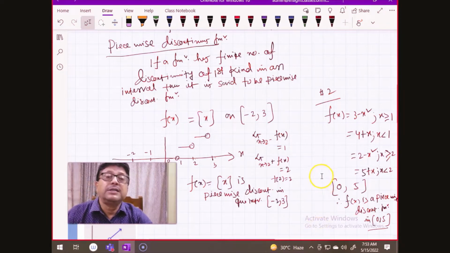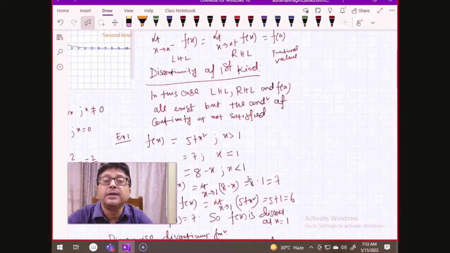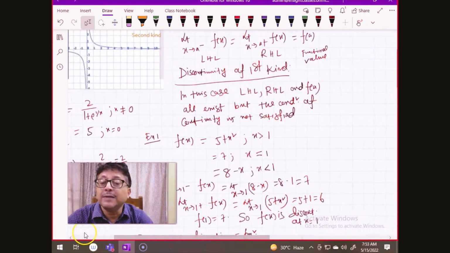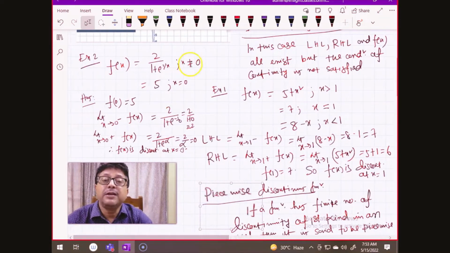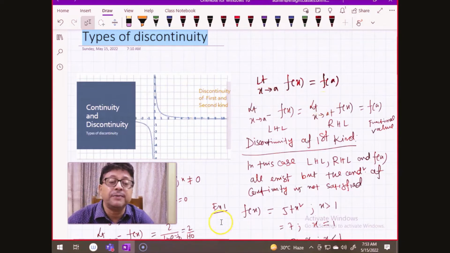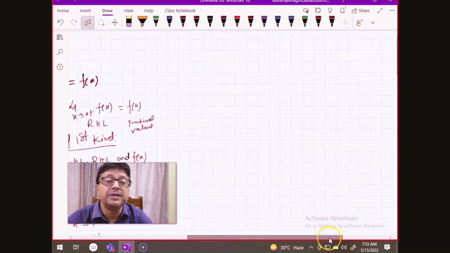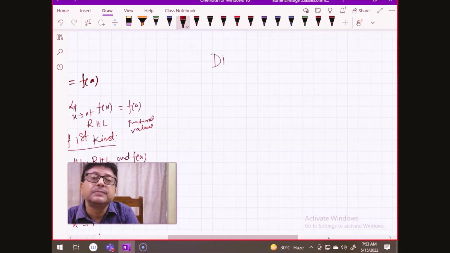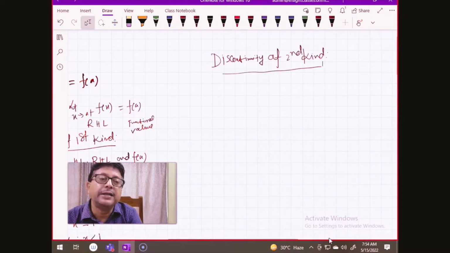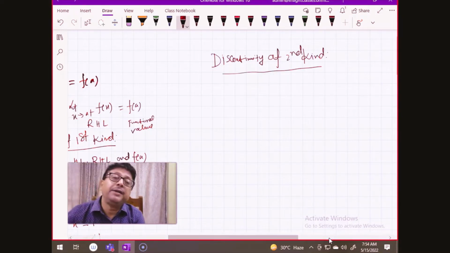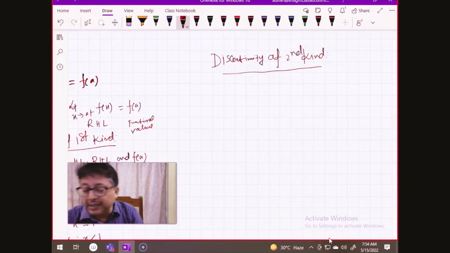Now we can go on to discussing discontinuity of the second kind. I have told you there are 2 types of discontinuities we basically learn: one is the first kind of discontinuity, the other is discontinuity of the second kind. What do you mean by discontinuity of the second kind? Here, you can achieve the condition of discontinuity in 2 different manners.